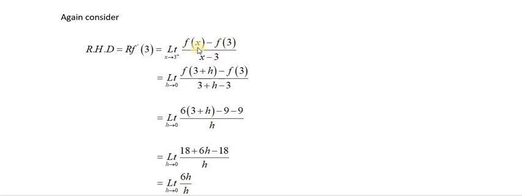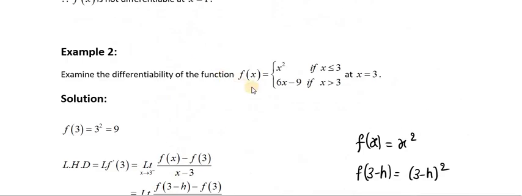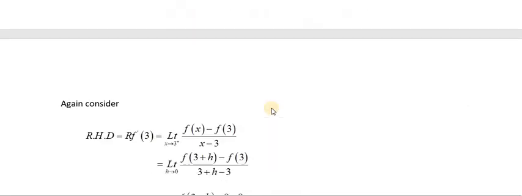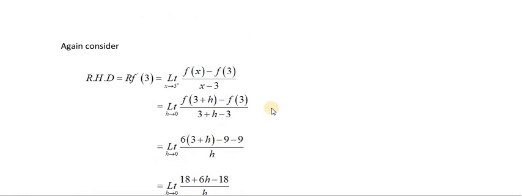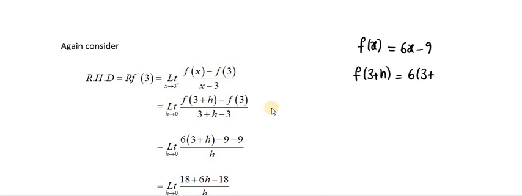Now observe f of x value is 6x minus 9. Then f of 3 plus h is 6 into 3 plus h minus 9.